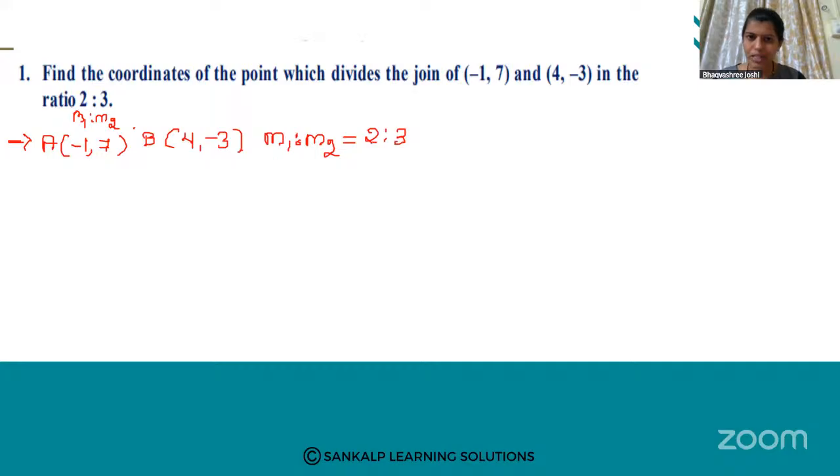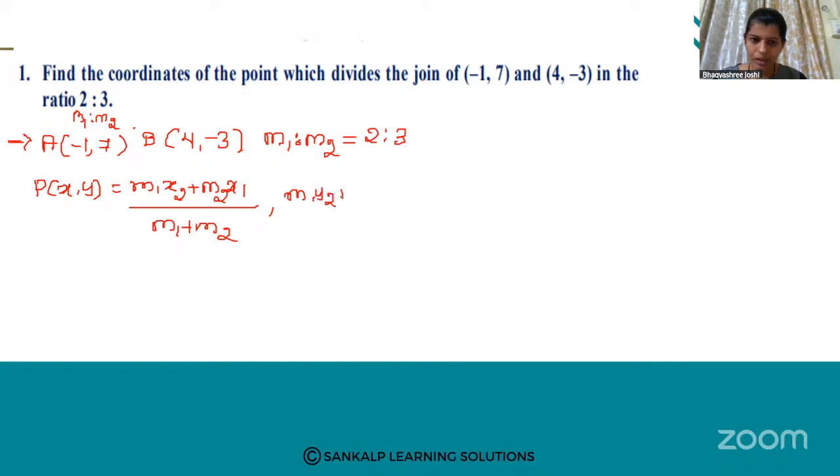That means m1:m2 is 2:3. Understood? Next, which formula are we going to apply here? Section formula. So P(x, y) is equal to (m1 x2 plus m2 x1) divided by (m1 plus m2), and (m1 y2 plus m2 y1) divided by (m1 plus m2).